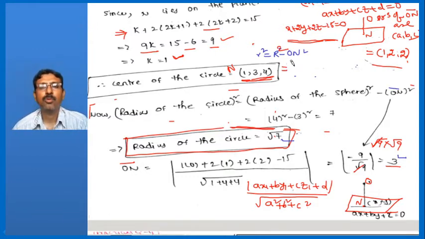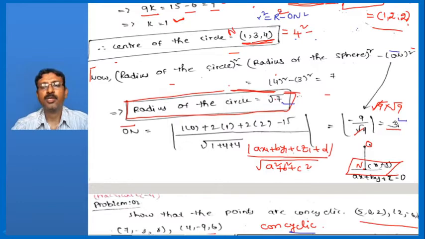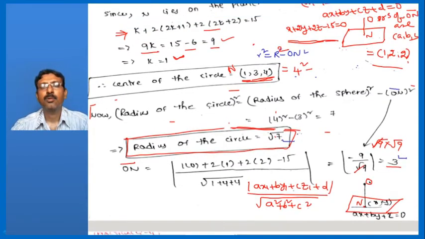So the formula, small r square equal to capital R square minus ON square: 4 square minus the perpendicular distance from O to the plane, that is 3. So 4 square minus 3 square, 16 minus 9 equal to 7. r square equal to 7, r equal to root 7.